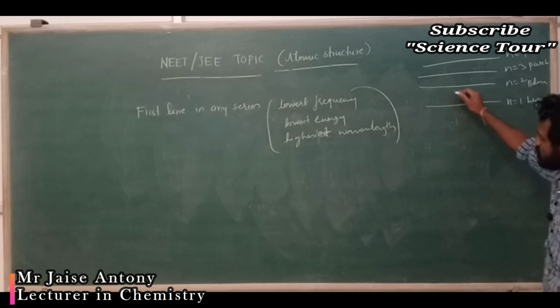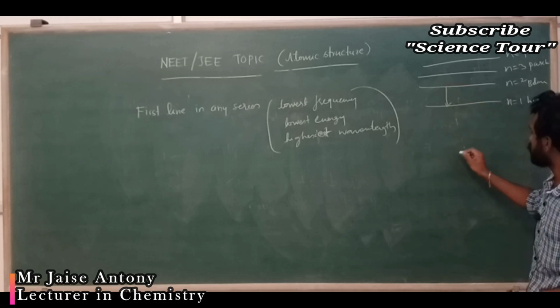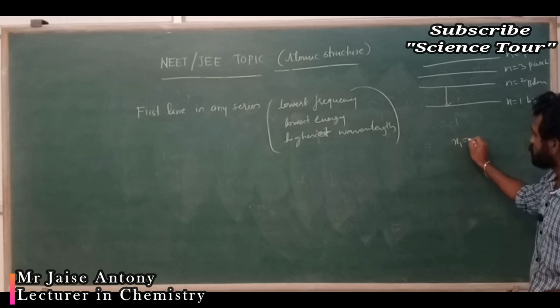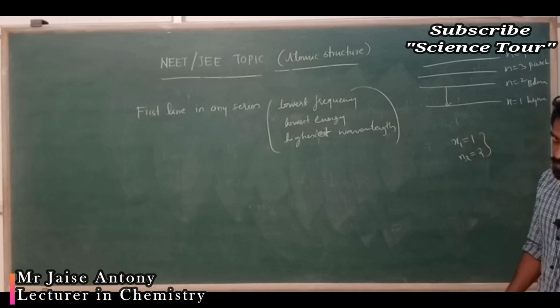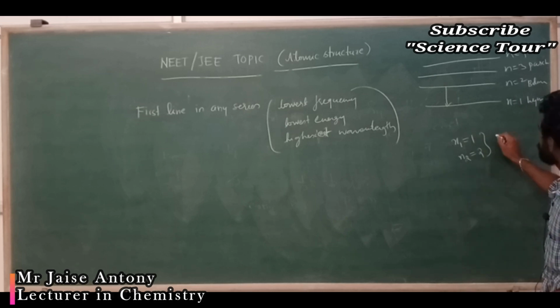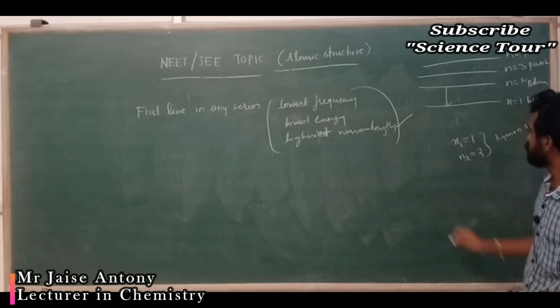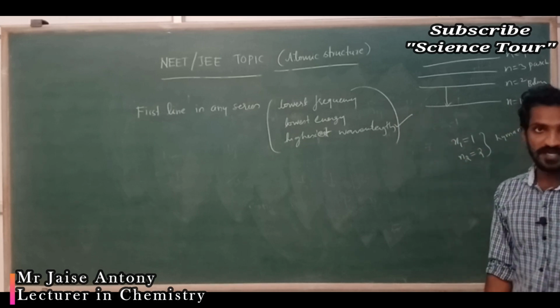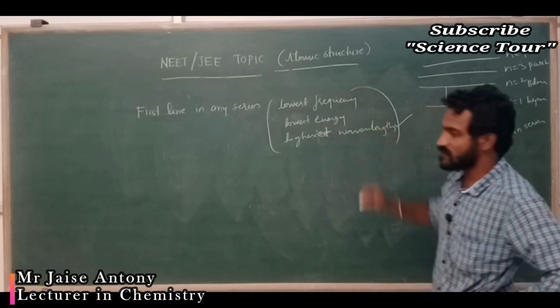If the jump is from n2 to n1, that means n1 is equal to 1, n2 means 2. That means this is the shortest jump in which series? Lyman series. So shortest jump always gives highest wavelength. Shortest jump in any series is highest wavelength, lowest energy, lowest frequency.